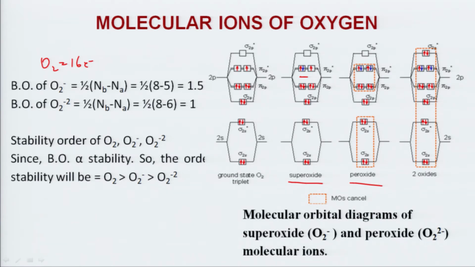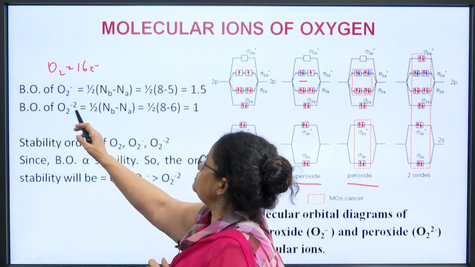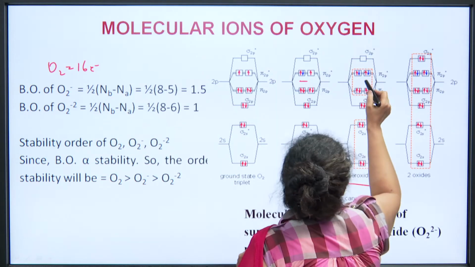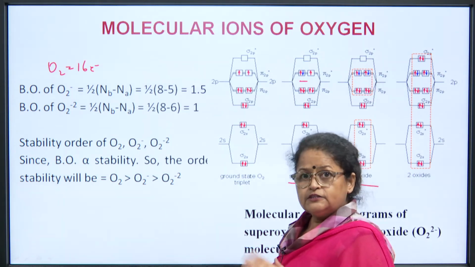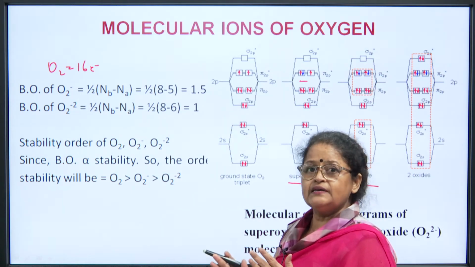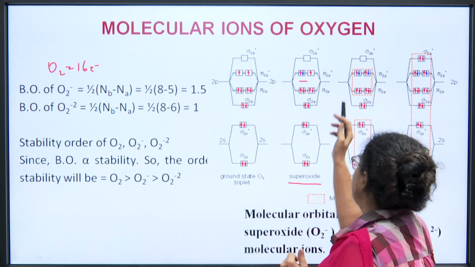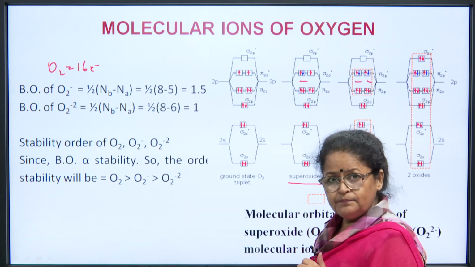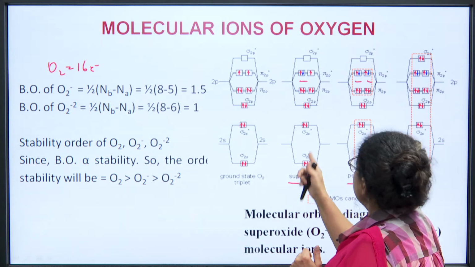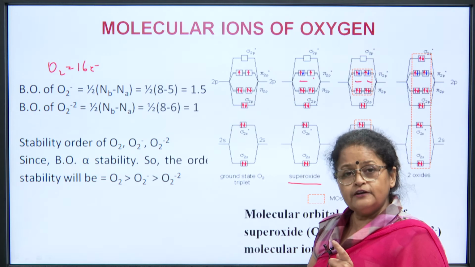In a similar manner, if 2 more electrons enter, this is known as peroxide. In the case of peroxide, the electrons occupy the anti-bonding, that means the pi star 2px and pi star 2py, and both get paired. Both of them are shown to be paired over here. Now, superoxide has one unpaired electron, so what kind of magnetic property will it have?